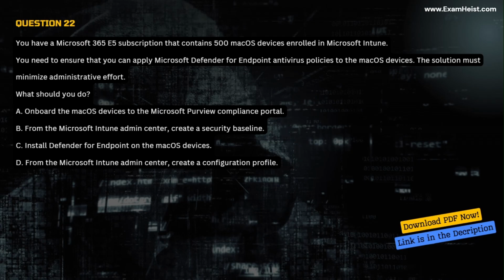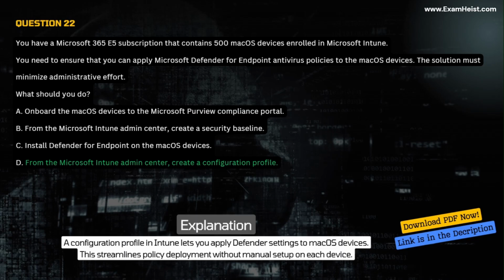C. Install Defender for Endpoint on the macOS devices. D. From the Microsoft Intune admin center, create a configuration profile. Correct answer: D. Explanation: A configuration profile in Intune lets you apply Defender settings to macOS devices. This streamlines policy deployment without manual setup on each device.